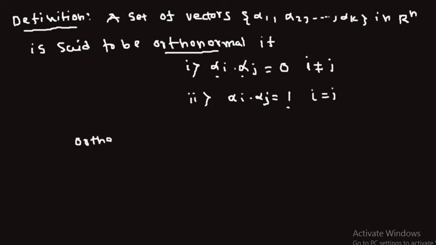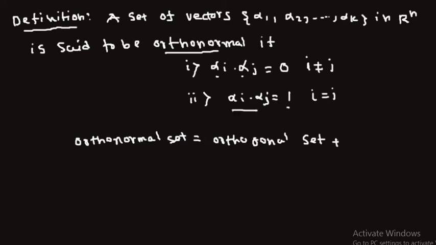a combination of two concepts. So an orthonormal set is an orthogonal set plus each vector is a unit vector.